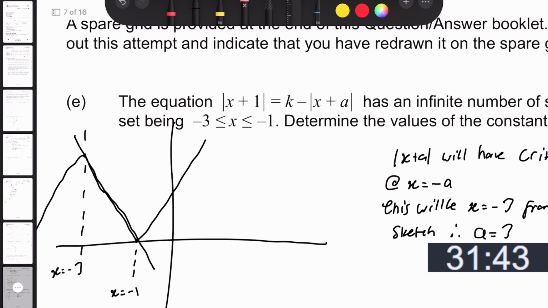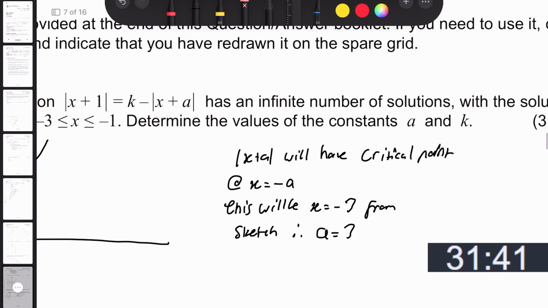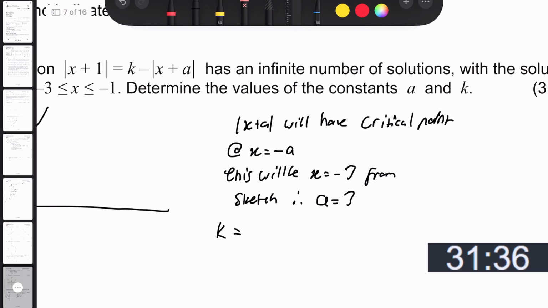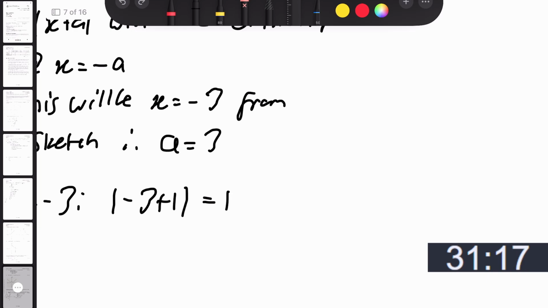And then k will equal the value of, so we'll say x plus 1, so at x equals -3, -3 plus 1, it's going to equal k minus the absolute value of x, so -3 plus 3, so that's going to be 0.